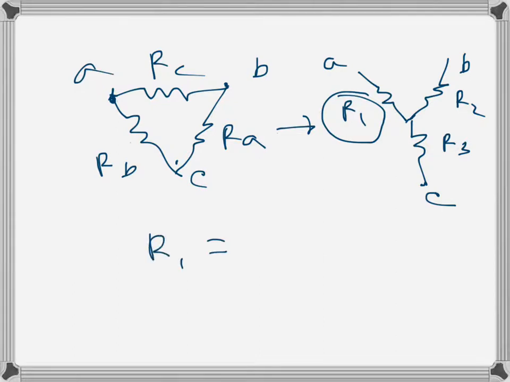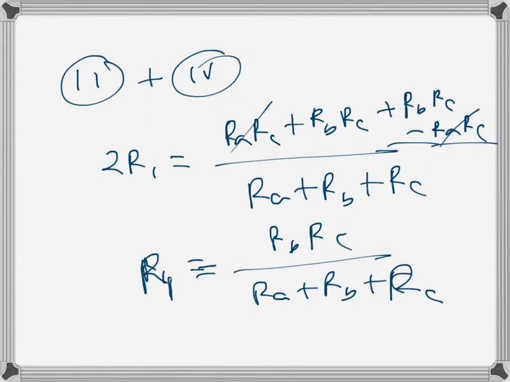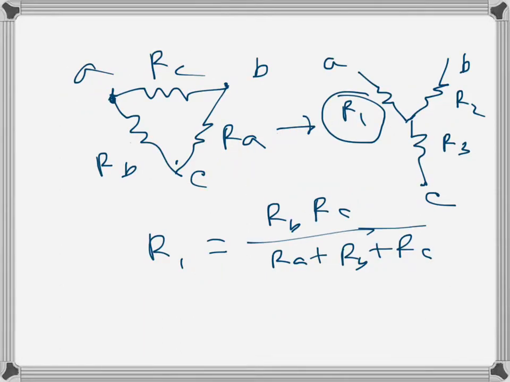So R1 equals RB RC over RA plus RB plus RC. That's what we got. If we substitute the value of R1 into one of the equations, 1 or 3, we will get the other two. I won't go there, but we will see there is a symmetry.